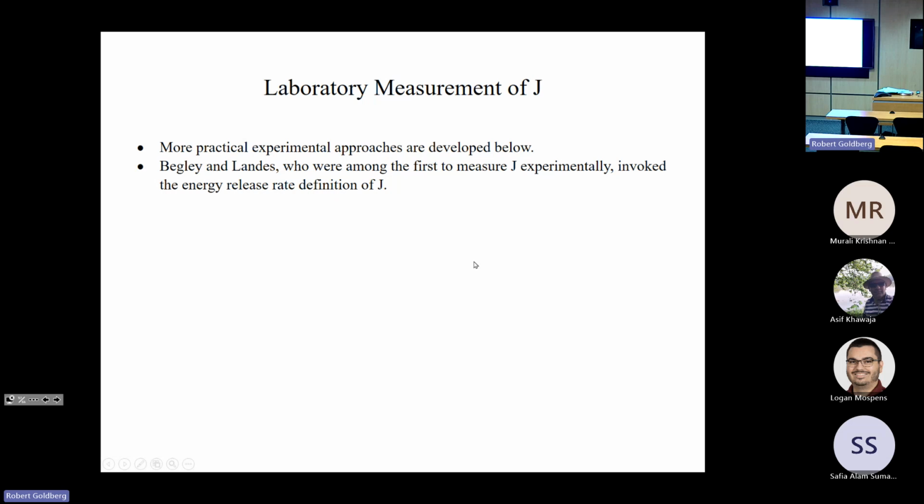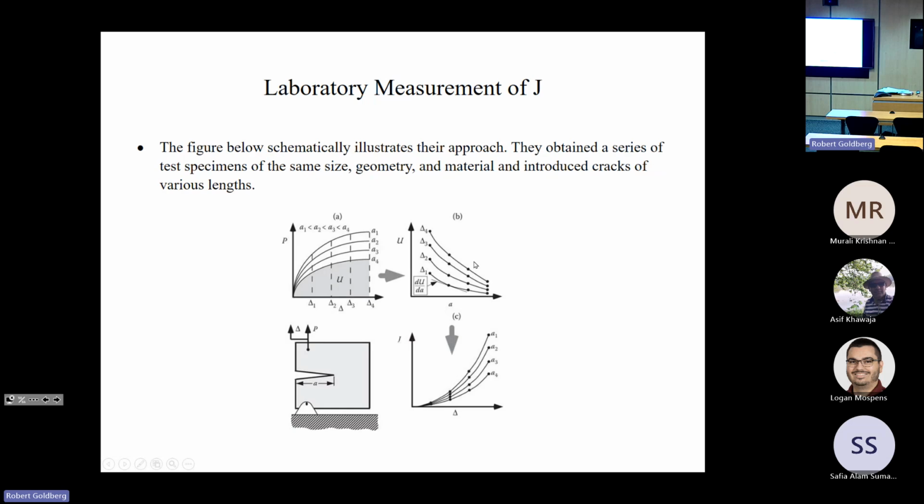For example, Begley and Landes, who were among the first to measure J experimentally, actually used the energy release rate definition idea. So these figures here schematically illustrate their approach. They took a bunch of test specimens of the same size, geometry, and material, and what they did is they put in cracks of various lengths, as reflected in these various a terms here, a1, a2, a3, a4. And they deformed each specimen and measured the load versus the displacement.